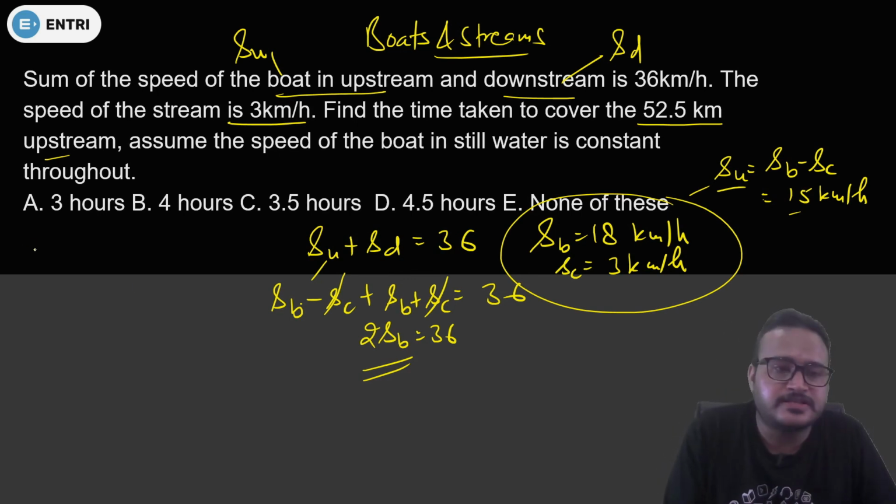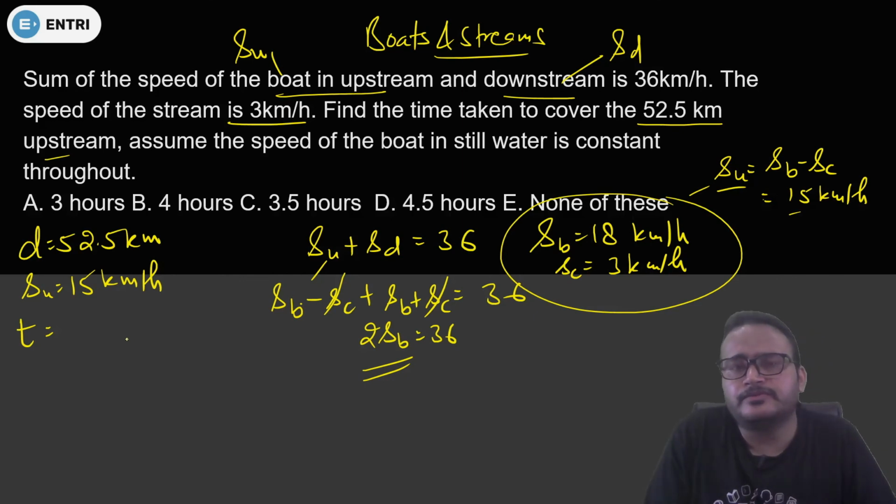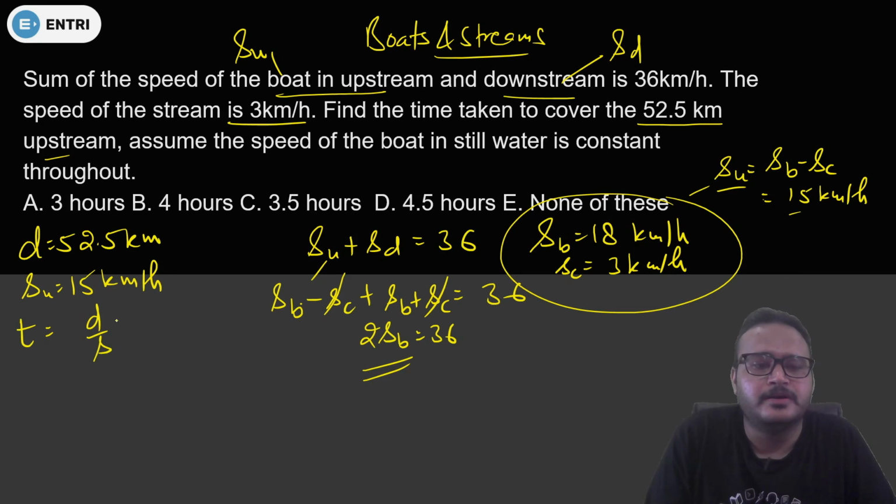So guys, distance we have, 52.5 kilometers, and speed we have, 15 km/h. We can easily find out the time. We know speed equals distance upon time, so time is distance upon speed. So guys, distance we have is 52.5.